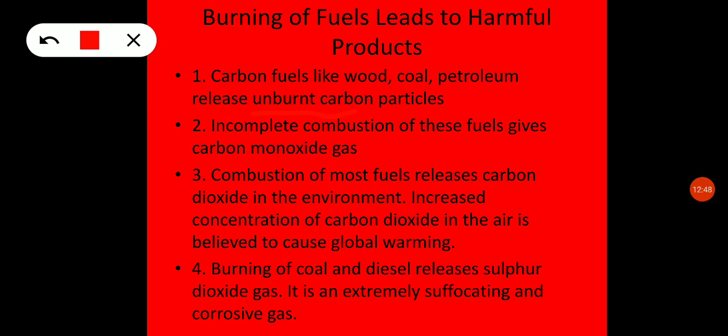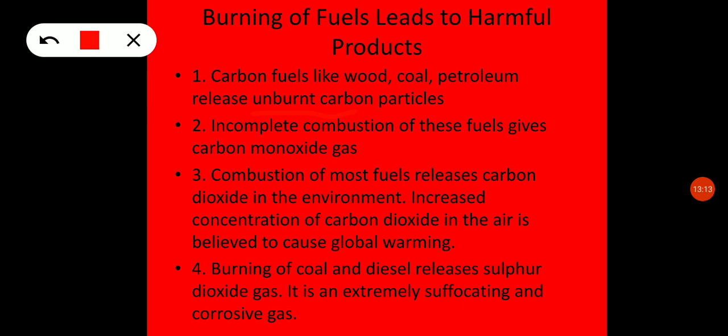Okay. And next, incomplete combustion of these fuels will give the carbon monoxide gas. This carbon monoxide gas is a very poisonous gas and it is dangerous to burn coal in a closed room. If you burn coal in a closed room, this harmful gas is released.